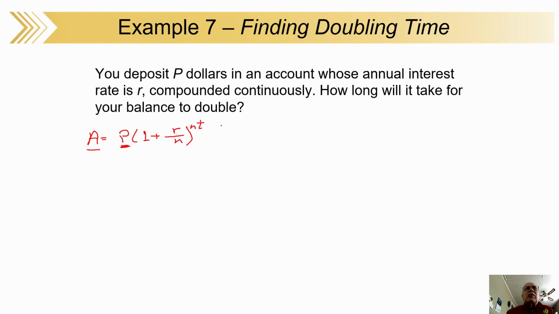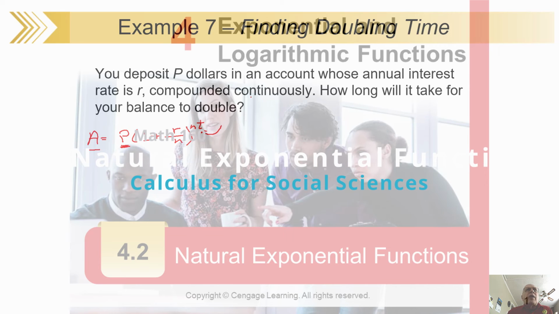So if someone should try to throw you a curveball and give it to you in 4 months, you have to convert the months to years before you can use this equation. However, notice this isn't one of those. This is one where the interest is compounded continuously. That's a different formula.